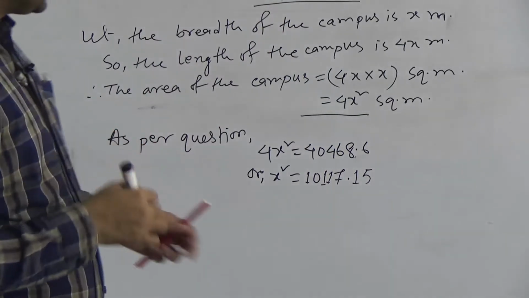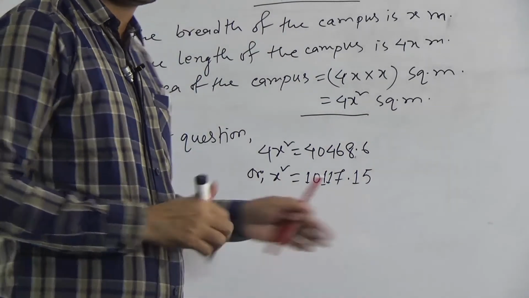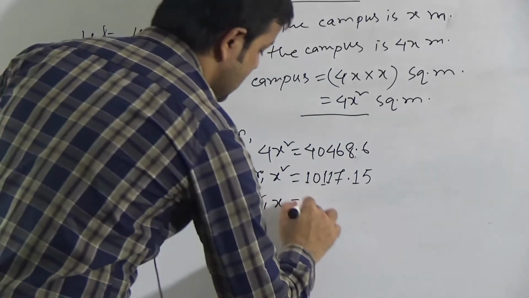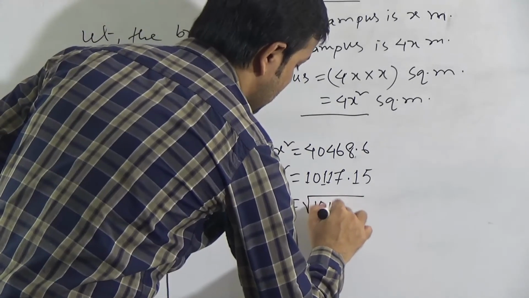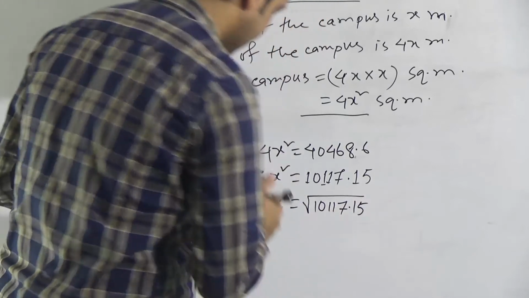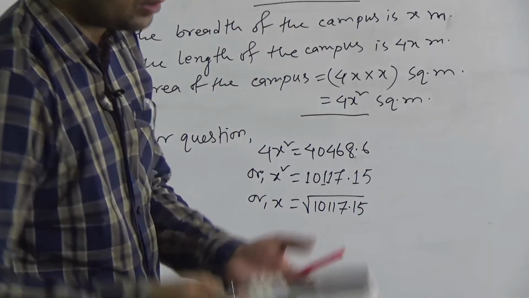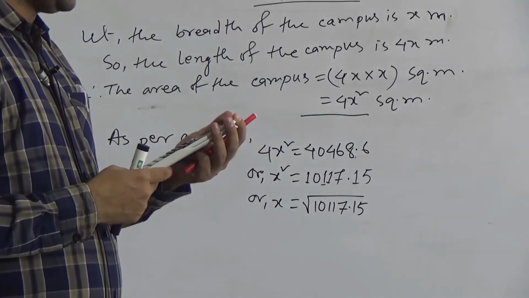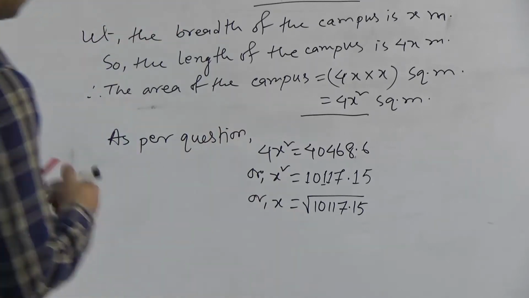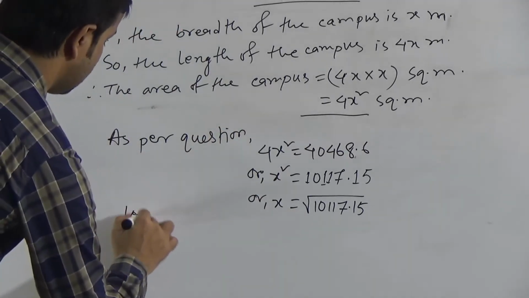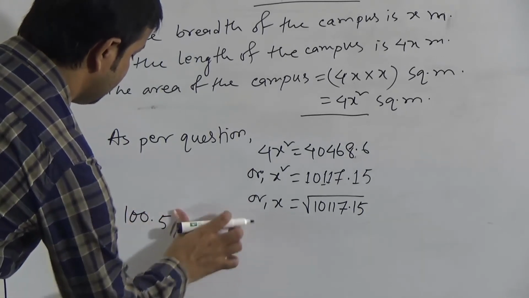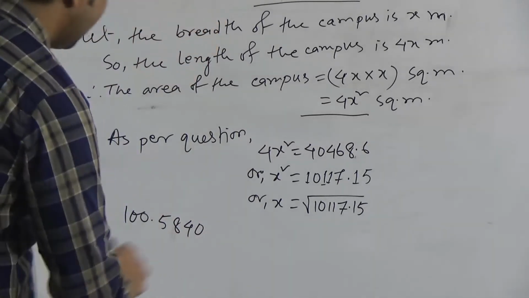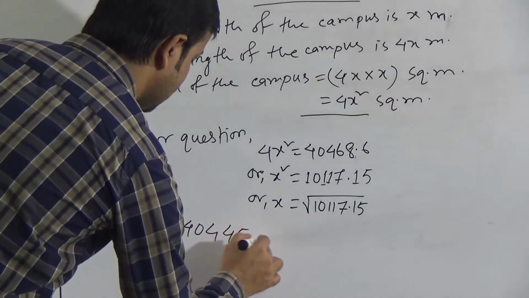So if we take the square root on both sides, we will get the value of x. On this side we will get x. Here is the square root of 10117.15. Use the calculator to do the square root. The answer will be equal to 100.58405840445445, this is continuing.